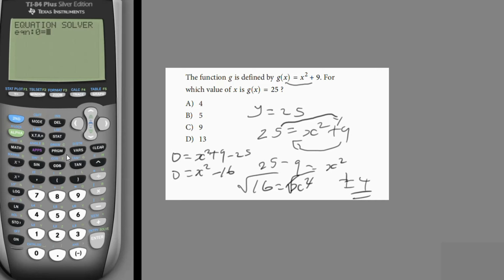Let's input the values. We have x squared; press the button for x to bring x squared. Then we have minus 16; make use of this button for minus 16. So that's it. Once you are done with this, the next thing you're going to do is press enter.